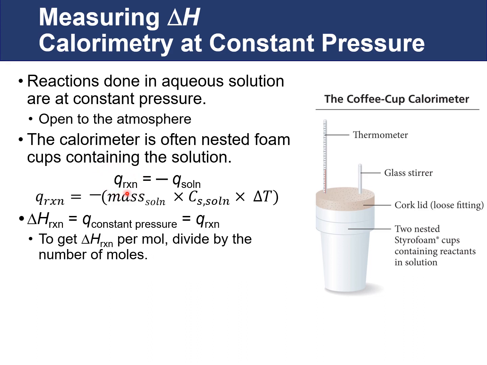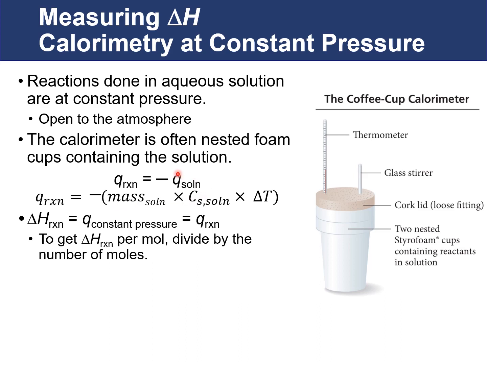The heat that's coming off of the reaction is equal to the amount of energy that's being absorbed by the solution. Typically, the solution is treated as being water because most of the time the reactions are done under dilute solution conditions. So the energy is flowing out of the reaction, flowing in to the solution, although they are sort of intermixed, and so the boundaries are not quite as clear.